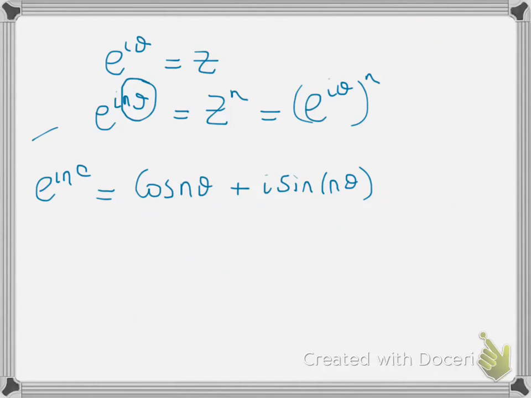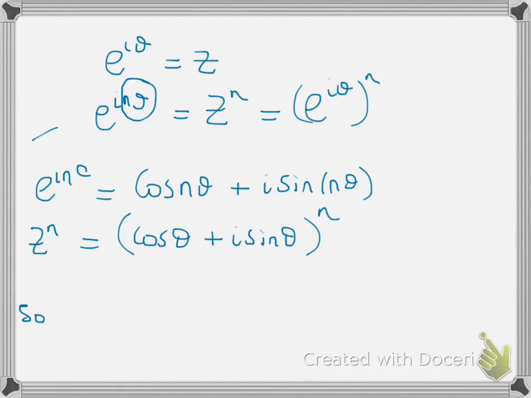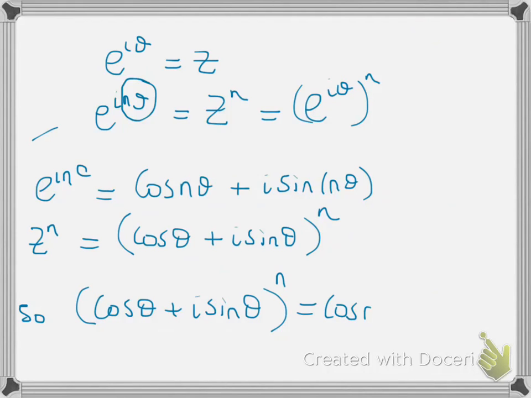And we also know that z to the power n is cos theta plus i sine theta to the power n. So therefore, we've got cos theta plus i sine theta to the power n must be equal to cos n theta plus i sine n theta. And there we have de Moivre's theorem.